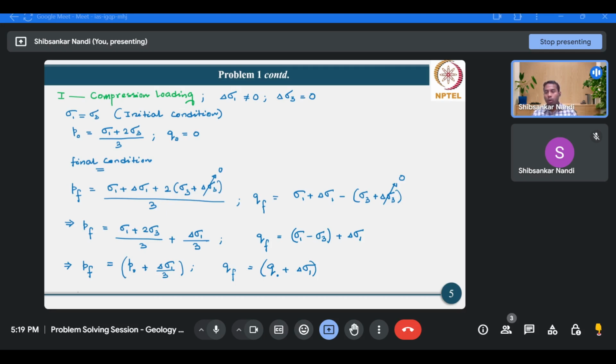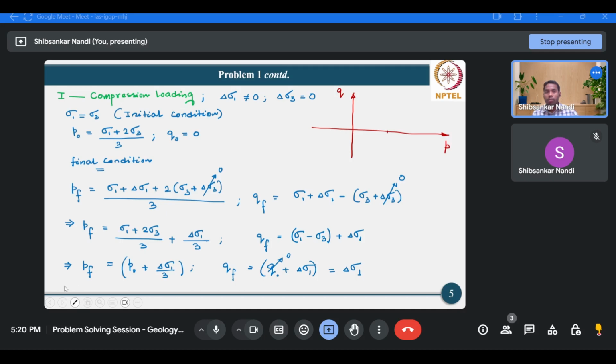Now if we try to plot, so this is your Q, this is your P, this is your P0 and Q0. Okay, so again here your Q0 is 0, so therefore you can simply write it as delta sigma 1.